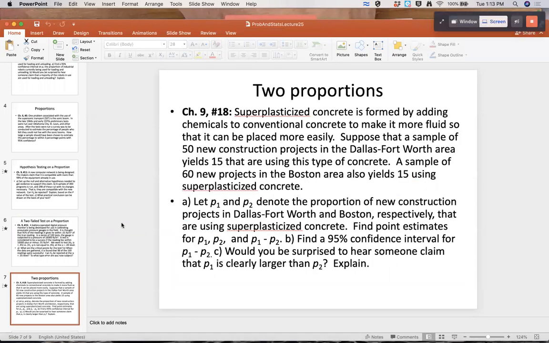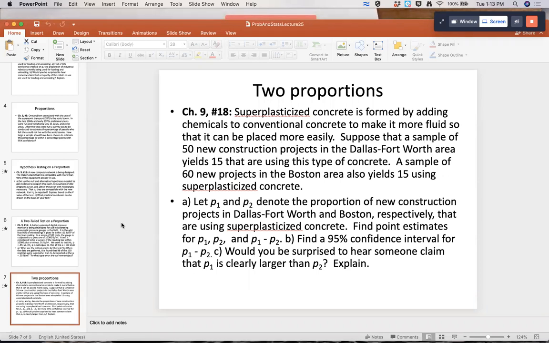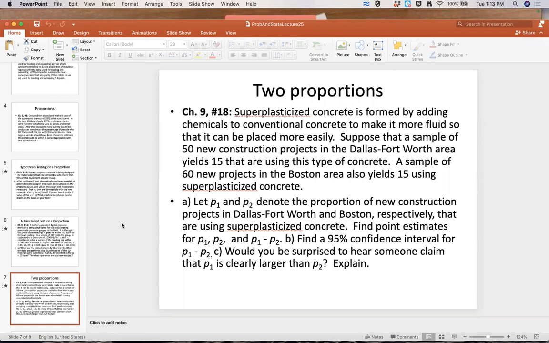Two proportions. Superplasticized concrete. Ever heard of superplasticized concrete? I haven't, except when I do this problem. It's formed by adding chemicals to conventional concrete to make it more fluid, so it can be placed more easily. Hopefully it still hardens fine.